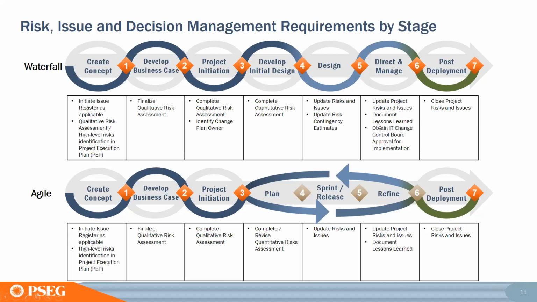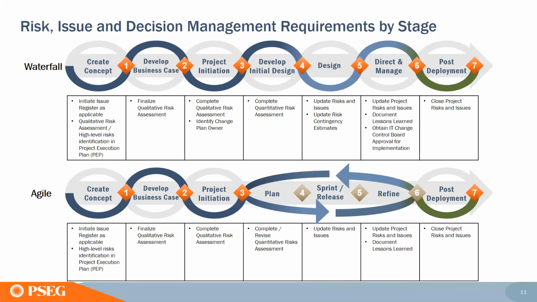As you move into the direct and manage phase, again, as we stated, you're in a constant cycle. You're meeting with your team members to constantly update your risk and issue log. You'll want to make sure you're capturing everything, assessing everything. But here, when you get into direct and manage, here's where you want to begin documenting your lessons learned.